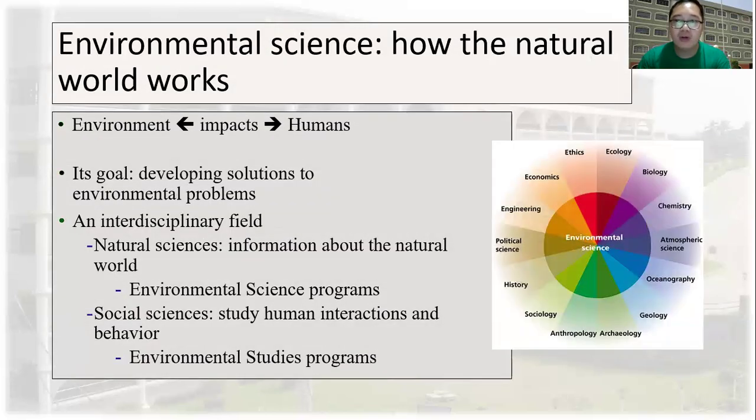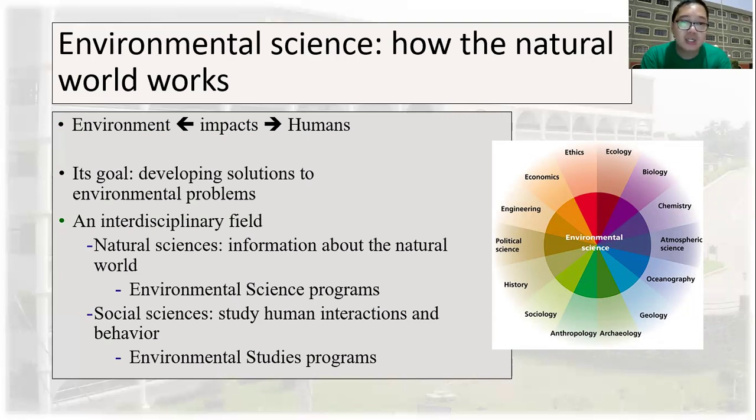Let's see why environmental science is interdisciplinary. As we all know, the environment impacts humans, and also humans have impacts on our environment. So the goal of environmental science is to develop solutions to environmental problems. It is an interdisciplinary field.